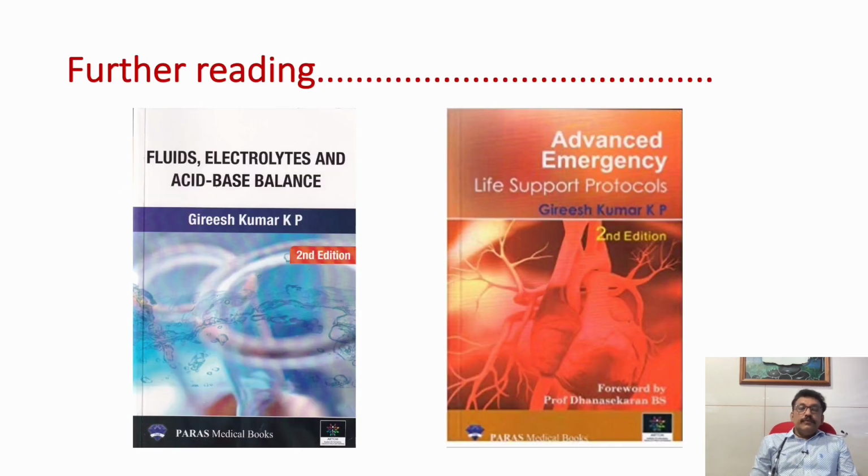So we have discussed the very basics of acid-base balance. We didn't go into the depth of the various types of acid-base disorders. We just told how the body is maintaining pH between 7.35 and 7.45.